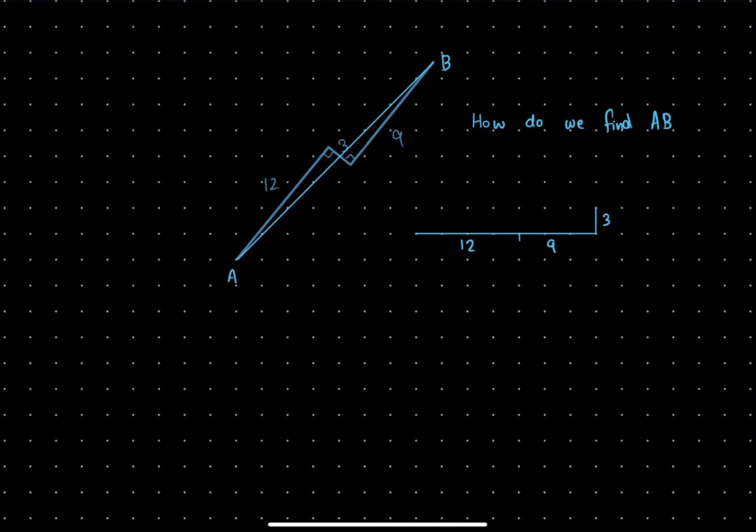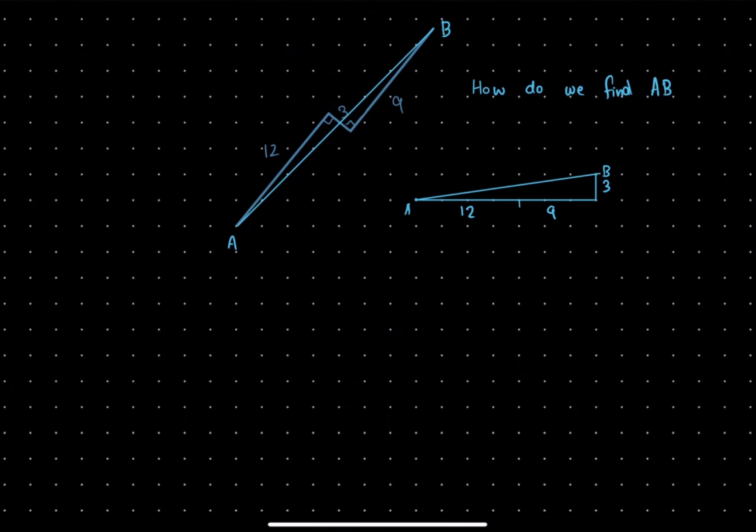And if we try to connect a line from this point to this point, it is still the same triangle, just simplified. So can we solve for AB now? Well, now we've simplified it a lot, because now we can see that this must be 21 units, because 12 plus 9 gives us 21.